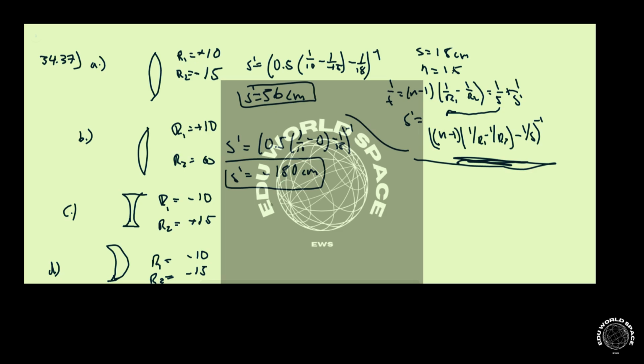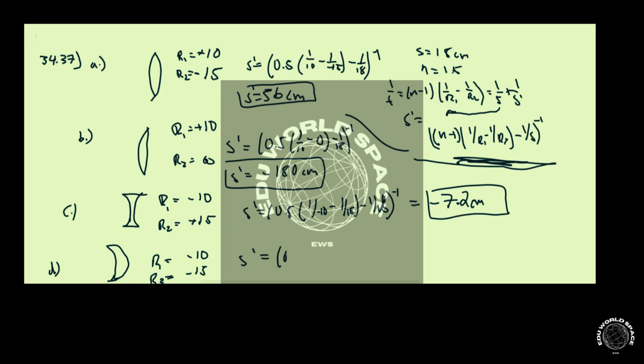Now part C: s prime equals 0.5 times 1 over negative 10 minus 1 over 15 minus 1 over 18, all inversed. On our calculator this comes out to negative 7.2 centimeters. So again, the image is on the left side of the lens by 7.2 centimeters.